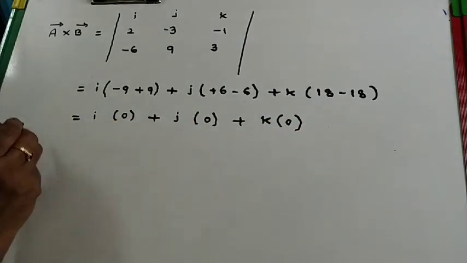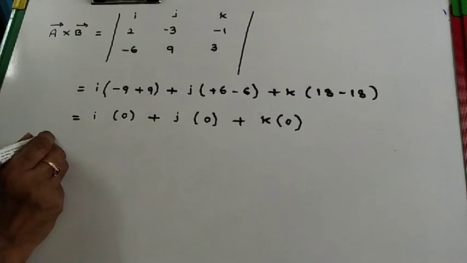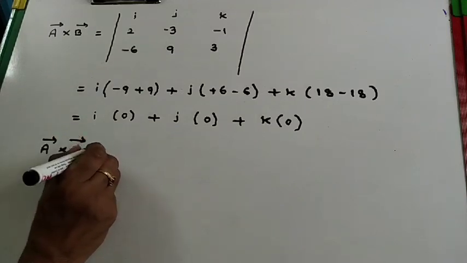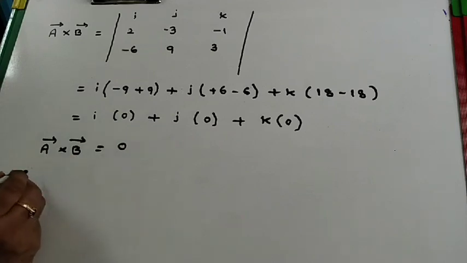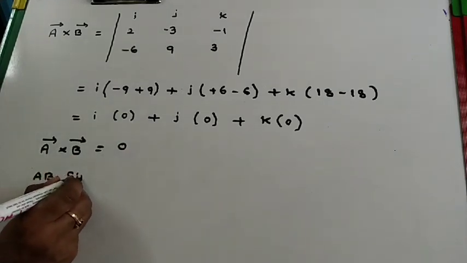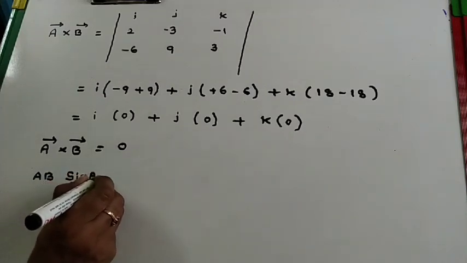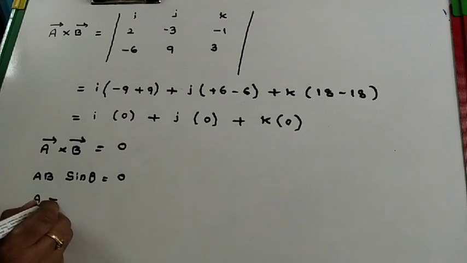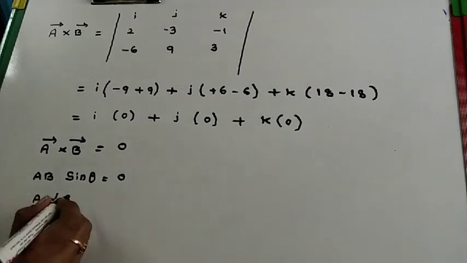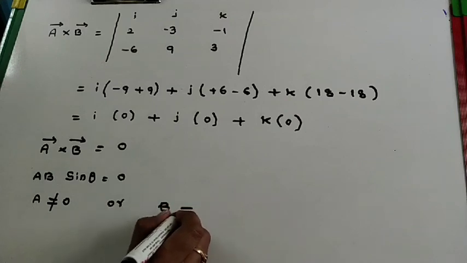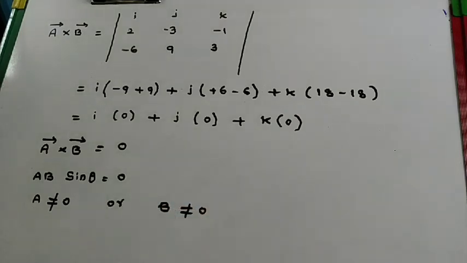Therefore, A cross B is equal to 0, or AB sin theta is equal to 0. Therefore, A is not equal to 0 and B is not equal to 0.